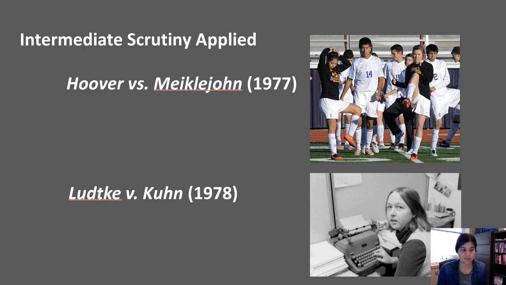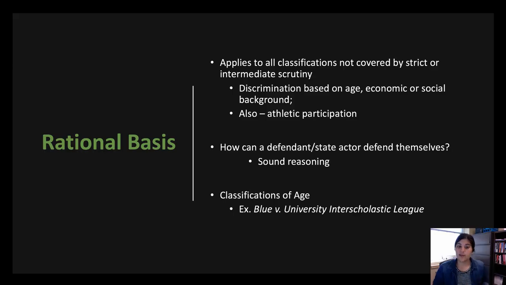Okay, one last level of scrutiny here that I want to discuss, and that's our lowest level of scrutiny, which is what we know as rational basis. So basically anything that wasn't covered by our other two levels of scrutiny is going to fall under our category of rational basis. So anything that didn't meet the requirement of strict or intermediate scrutiny is going to fall under rational basis.